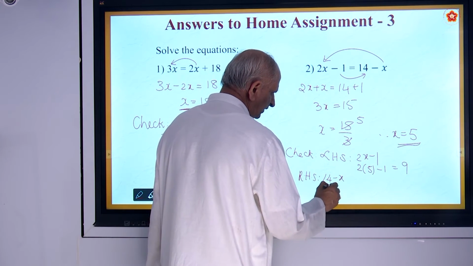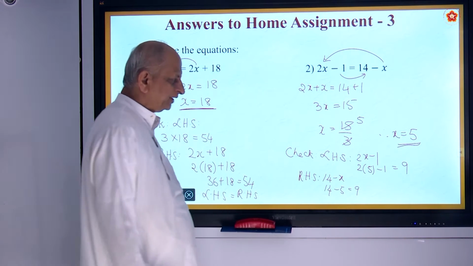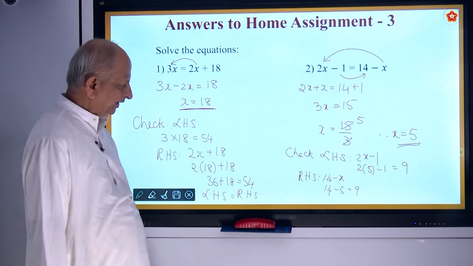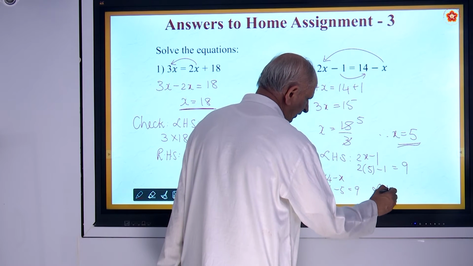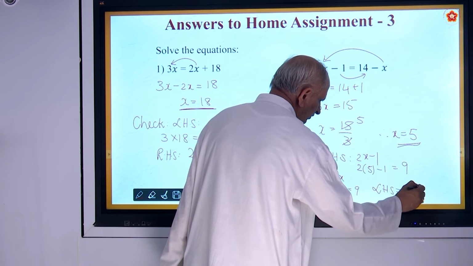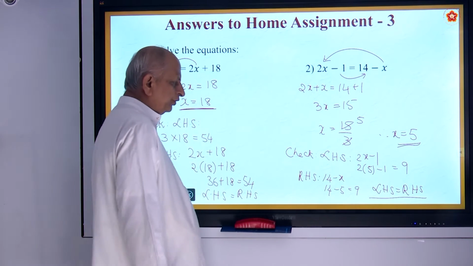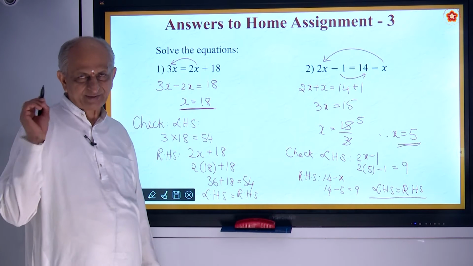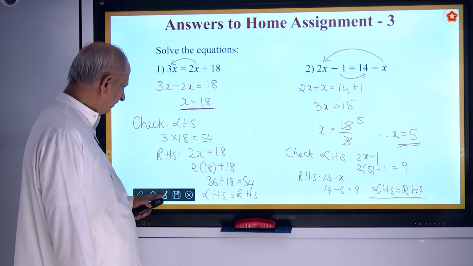That is 14 minus 5. That is 9. So do you find that both are equal? Therefore, left hand side is equal to right hand side. What does it mean? It means that the value of x is equal to 5 is correct. Noted? We pass on to the next problem.